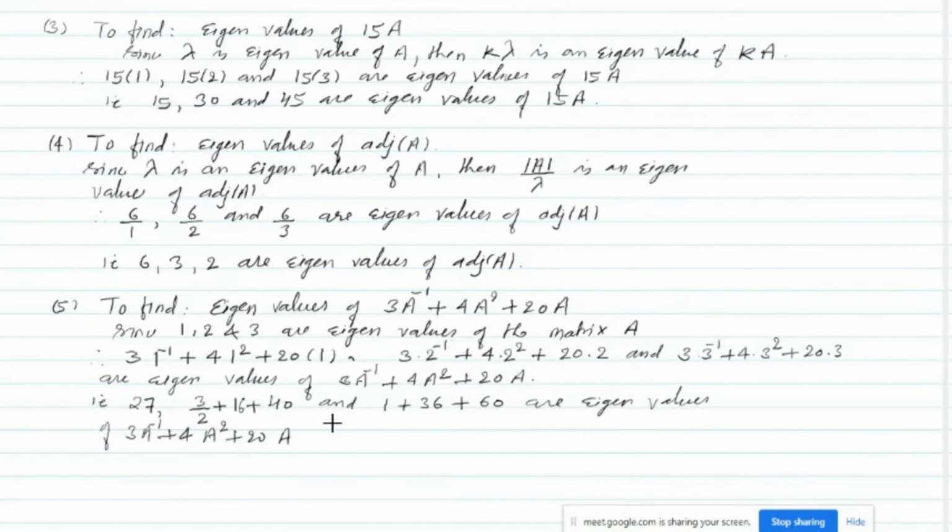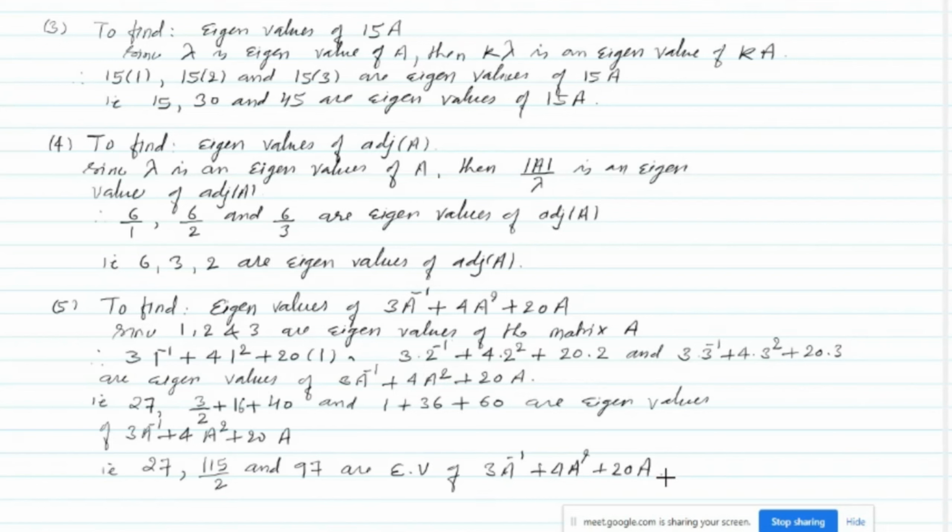Just cross multiply and find it. 56 multiplied by 2 plus 3 is 112/2, so it becomes 115/2. Then 27 is one eigenvalue, 115/2 is the second, and the third one comes to 97. So these are the eigenvalues of the given expression: 27, 115/2 and 97 are eigenvalues of 3A inverse plus 4A square plus 20A.